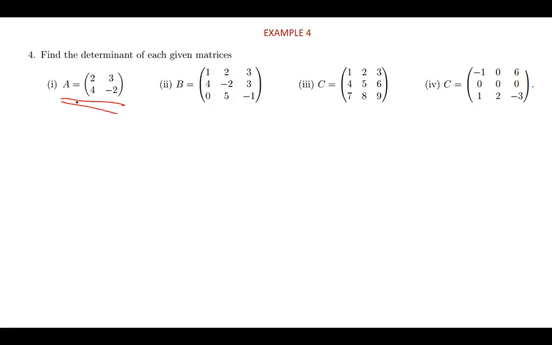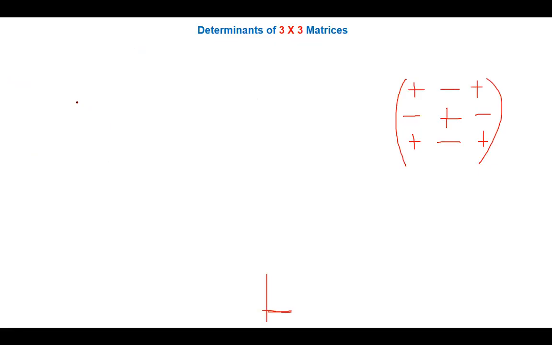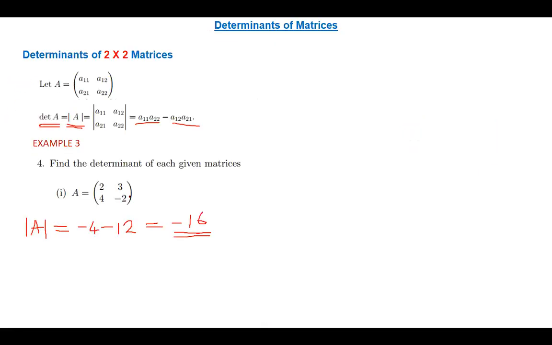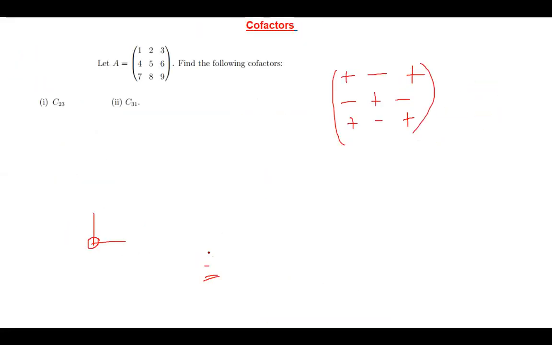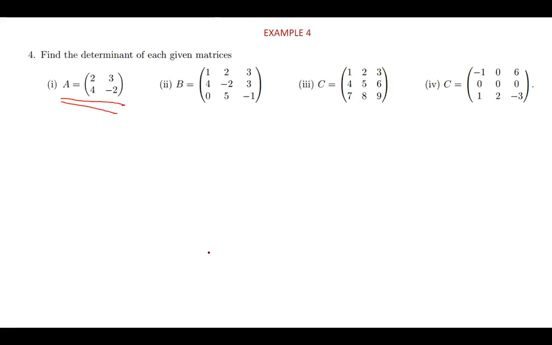In the previous slide, let me just go back a bit. Yeah, it's here. We found it to be 16. This is the one I was saying. I've just picked it alone, and the remaining ones we are going to find as we proceed. So we continue. Let us now try to find the determinant, maybe of this matrix here.